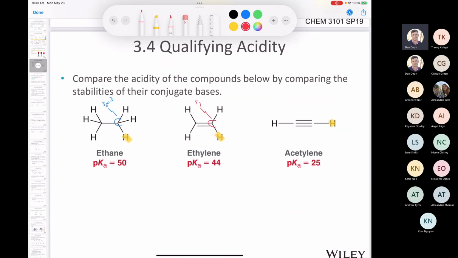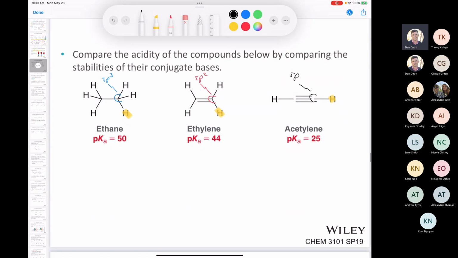This carbon is sp2 hybridized. And this carbon is sp hybridized. Let's draw the conjugate bases of each one of these. Just give me a second here. If I draw the conjugate base of this guy, it looks like this. If I draw the conjugate base of ethylene, it's going to look like this.